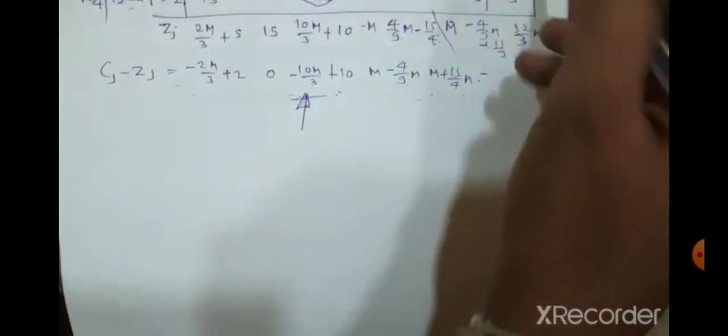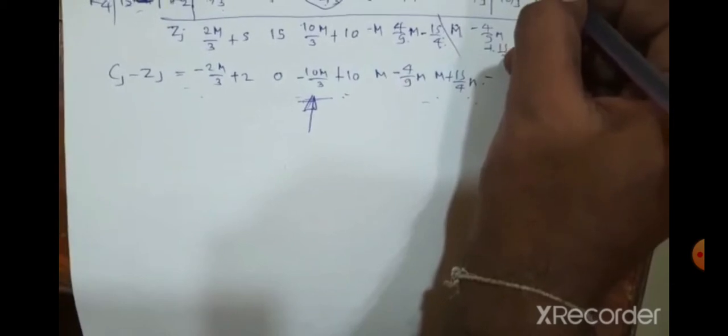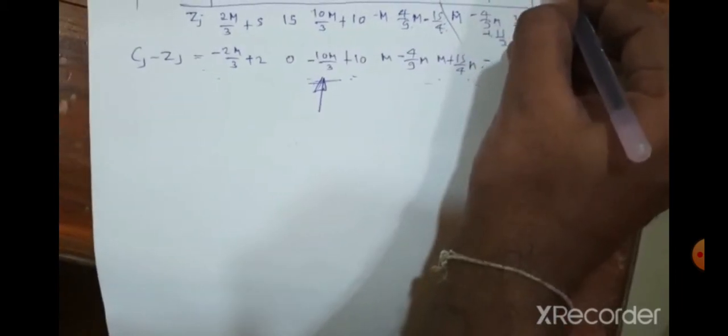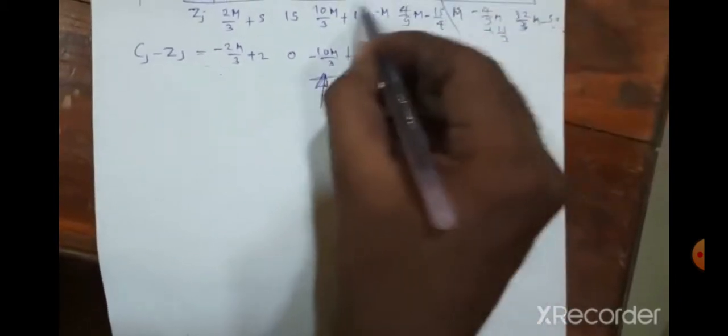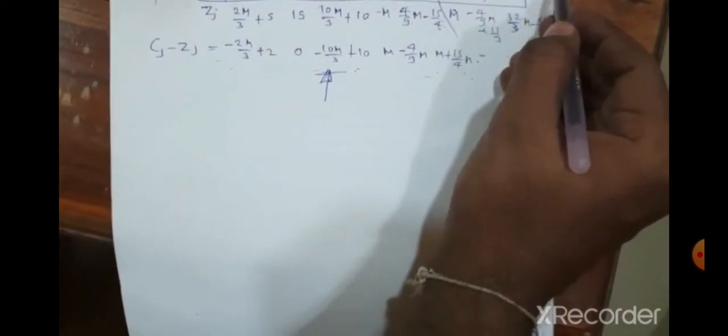So that will be the key column, the entering column. Now you divide the solution by the key column element to find the theta value or ratio, and you find the least value in that ratio to get the key row.